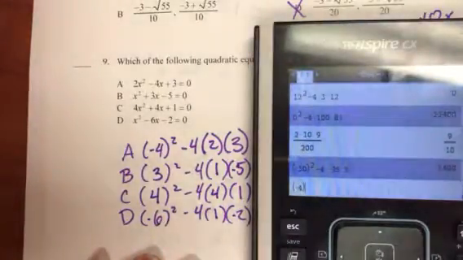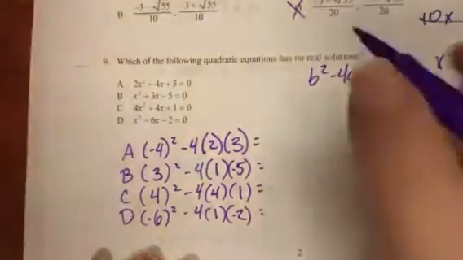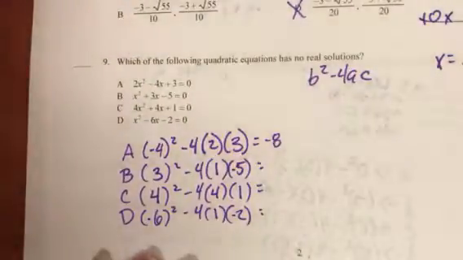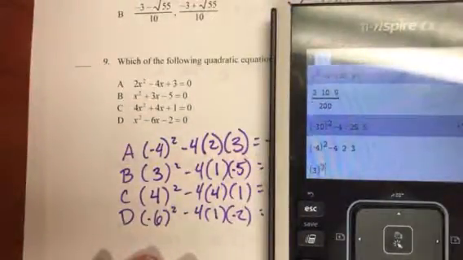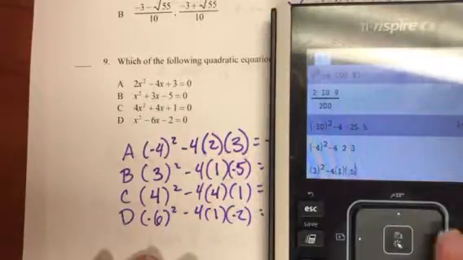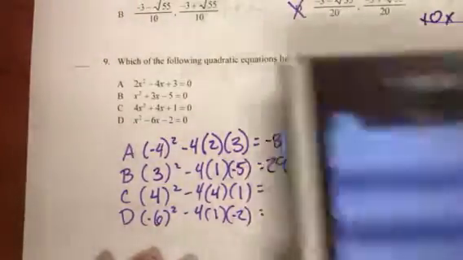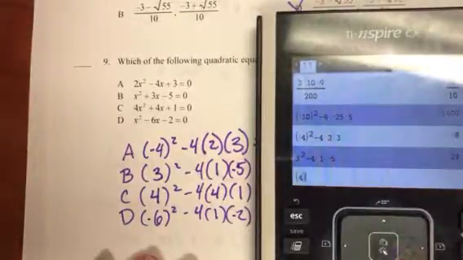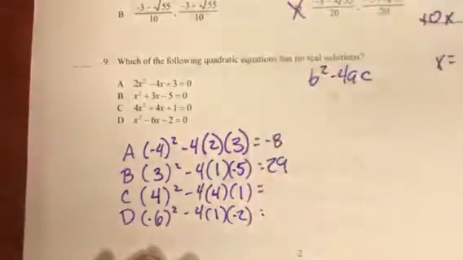I'm just going to plug them all into my calculator. Parenthesis negative 4 squared minus 4 parenthesis 2 parenthesis 3. Negative 8, which I want to say is the answer, but let's just double check. Let's do B. Parenthesis 3 squared minus 4 parenthesis 1 parenthesis negative 5, enter, positive 29. C: parenthesis 4 squared minus 4 parenthesis 4 parenthesis 1, 0.